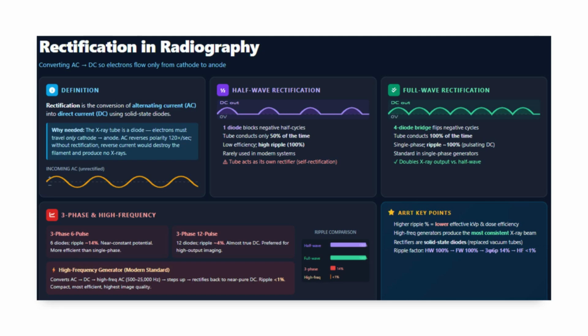A lower ripple means the voltage remains closer to the selected kVp throughout the exposure. Modern high-frequency generators produce very low voltage ripple, resulting in a more consistent and efficient X-ray beam. Keep this relationship in mind. Lower voltage ripple means a more consistent tube potential and more efficient X-ray production.